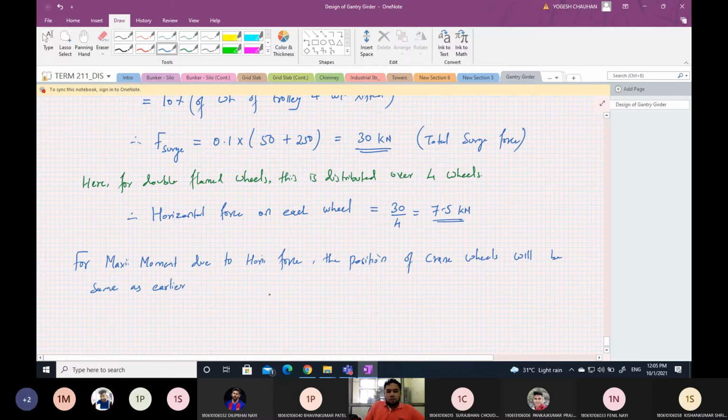That means the position of the wheel load which gives maximum moment in a vertical plane will be the same position for the moment in the horizontal plane also.